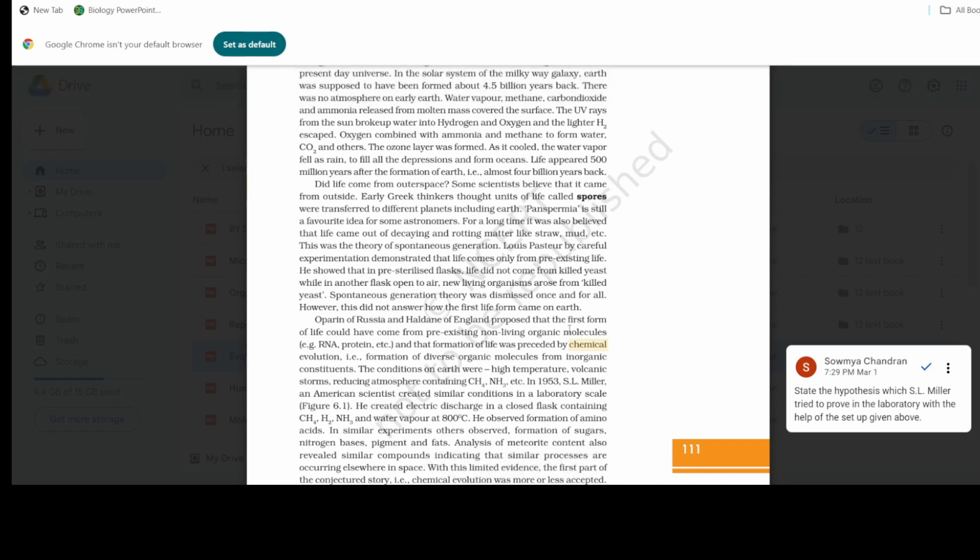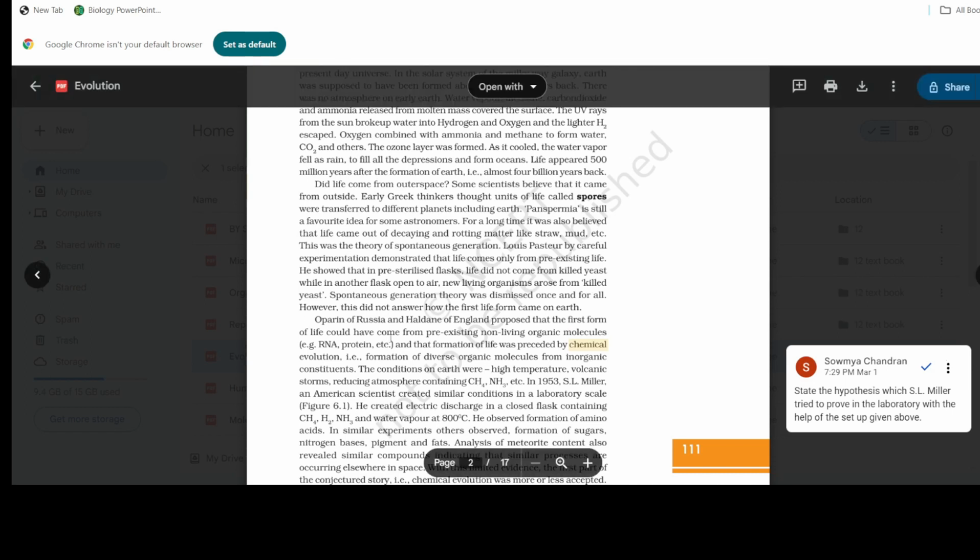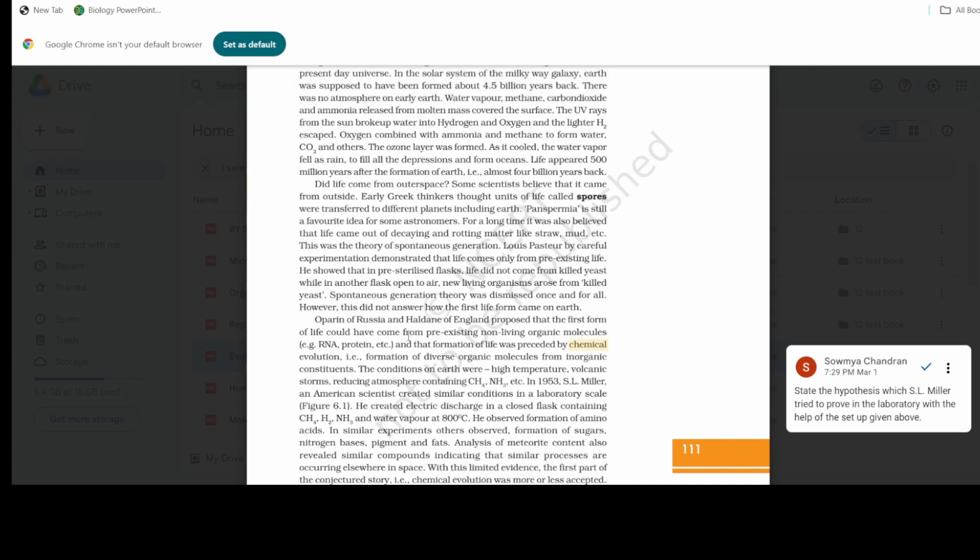Life, that is, the first form of life, could have come from pre-existing non-living organic molecules. That is a statement given by Oparin and Haldane. So Miller tried to prove that the first form of life could have come from pre-existing non-living organic molecules such as RNA, protein, etc., and that the formation of life was preceded by chemical evolution.